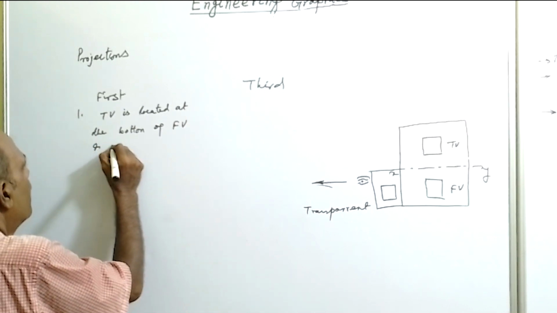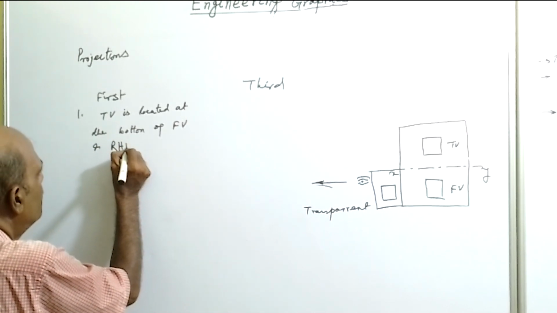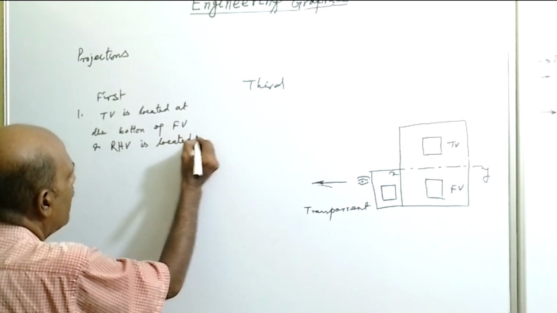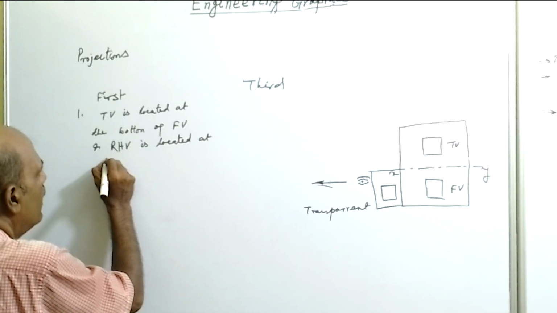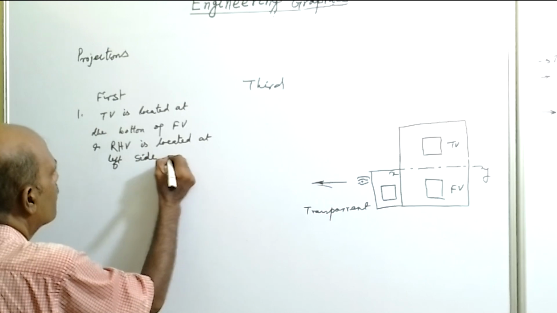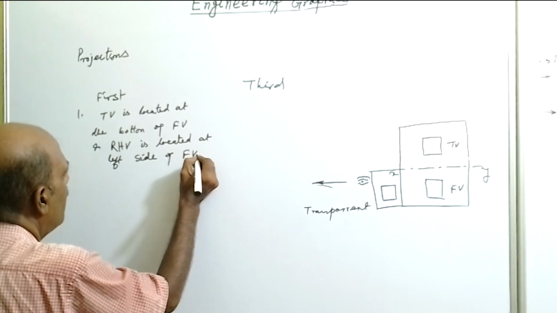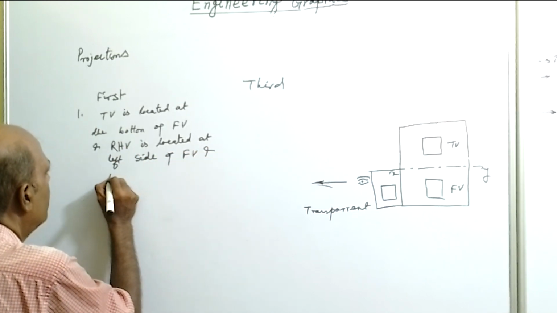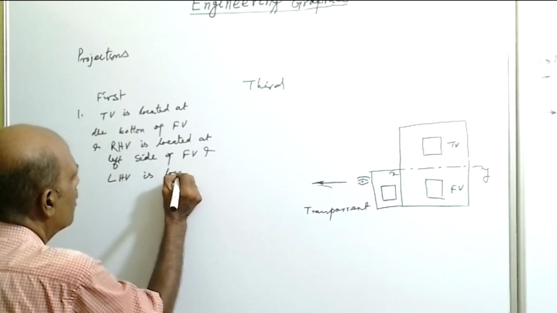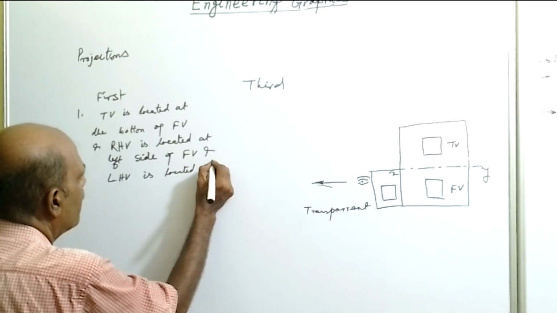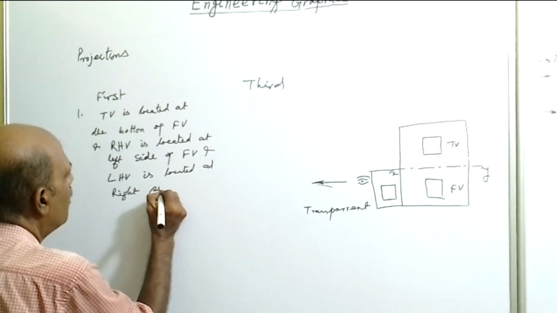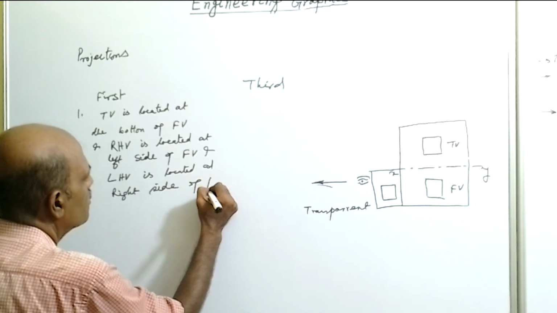And the right hand side view is located at the left side of the front view, and the left hand side view is located at the right side of the front view.